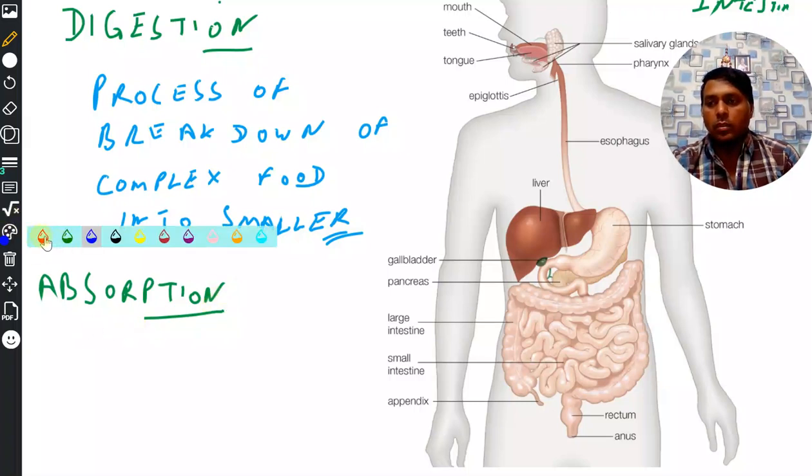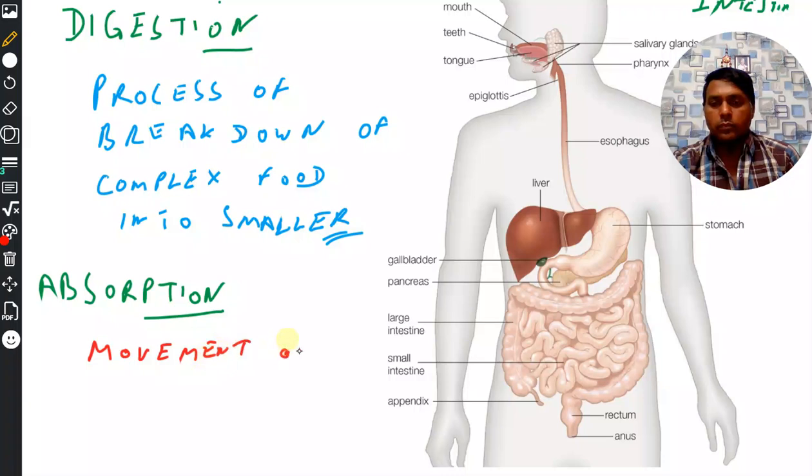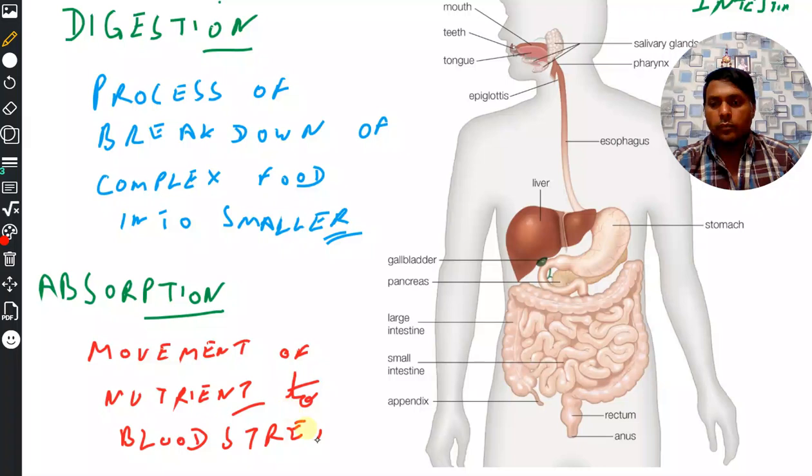So it is the movement of nutrients to the bloodstream. Most absorption occurs in the small intestine. You already know it, I told you. Where nutrients enter into blood and are transported to cells.